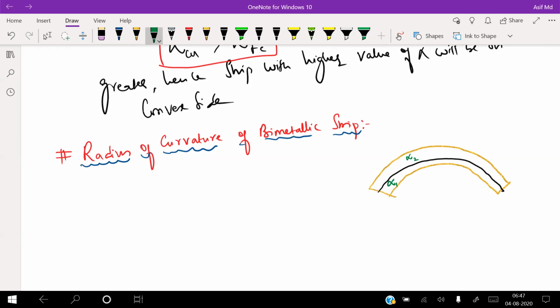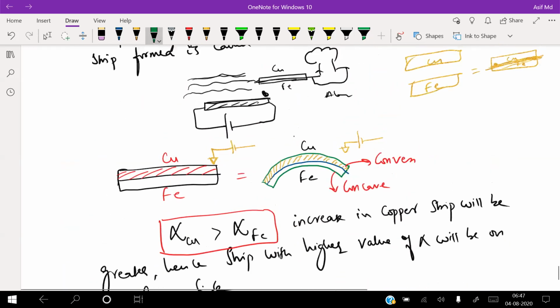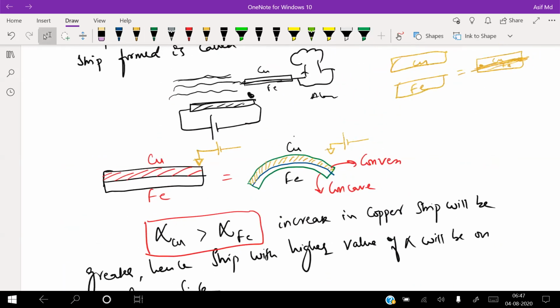If the lower rod, iron, was not present, the copper might have expanded linearly. But when it was expanding linearly, because of the iron fixed in the downward direction, it is trying to take the shape of a circle, because it is attached. The lower one is not getting expanded as easily as the upper one.